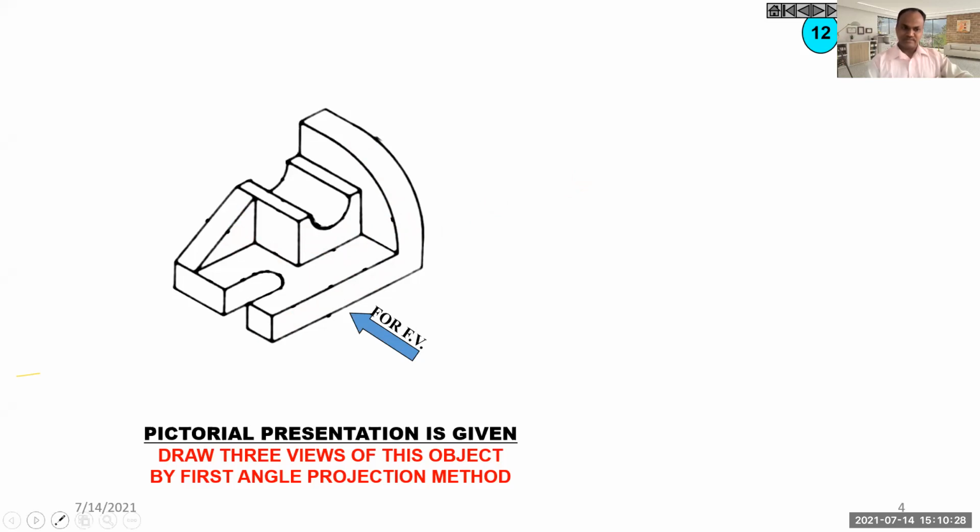So from the front side, I can show with the help of a highlighter that this will be visible. This will be visible. This portion will be visible up to this point only, and this portion will be visible, and this portion will be visible. So that much will come only in front view.